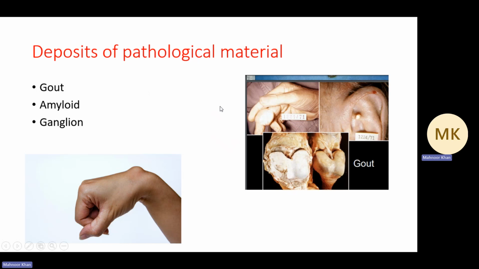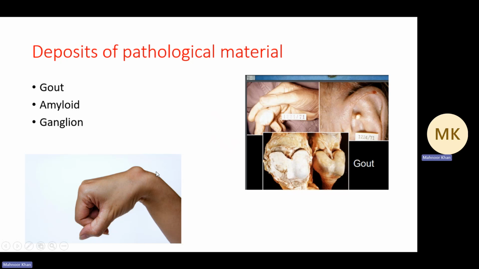Okay, so the next type of pseudotumor is deposition of pathological material. Here we mainly talk about gout, amyloid, and ganglion. What is gout? Gout is deposition of uric acid crystals in your joint cavities. Amyloidosis, you must have had it in general pathology as your final exam question.